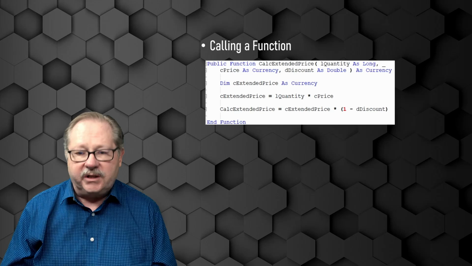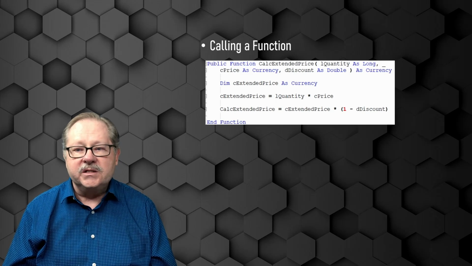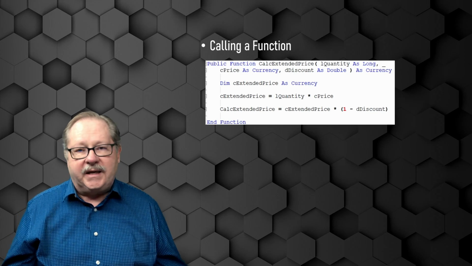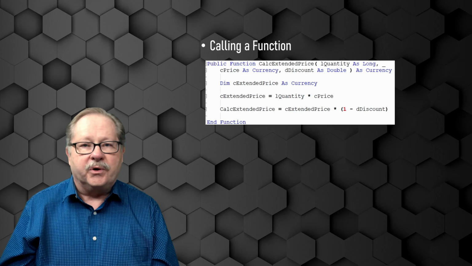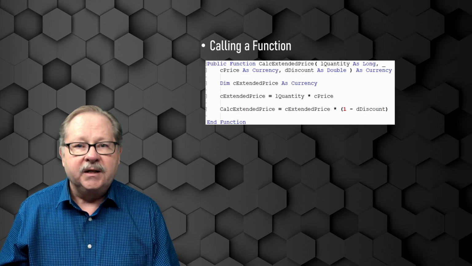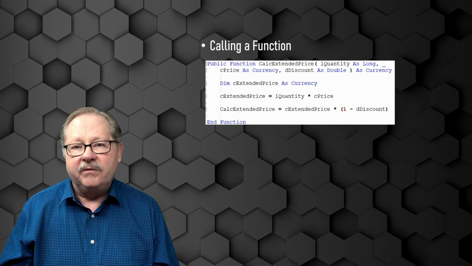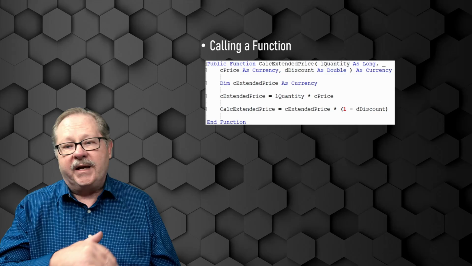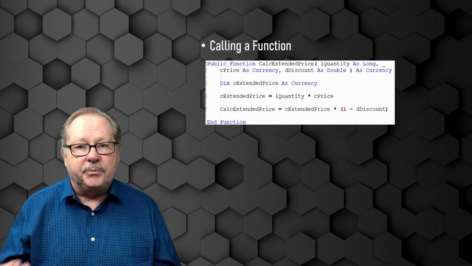Now a function, here's the whole function. And this function right here is going to calculate the extended price on an invoice, okay? So it has a line item on an invoice, and that line item is going to have an extended price on it.